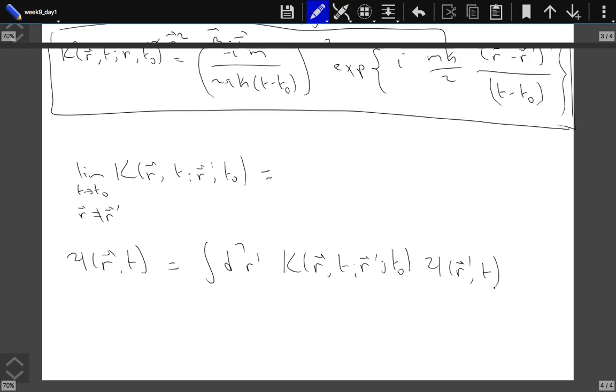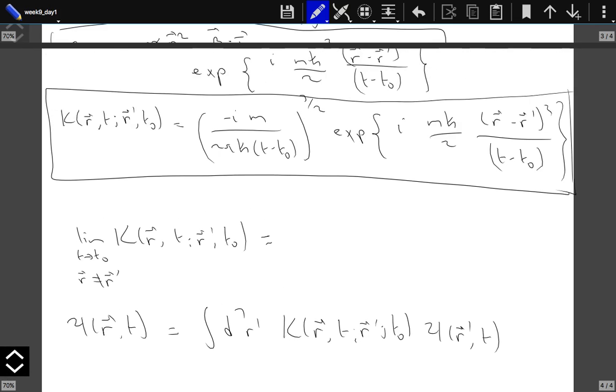Now, if t goes to t0, in K I have that infinitely fast oscillating term. So very nearby values of r prime, although psi of r prime doesn't change, since I'm just considering two nearby values of r prime, psi has the same value, more or less, at these two very nearby points.